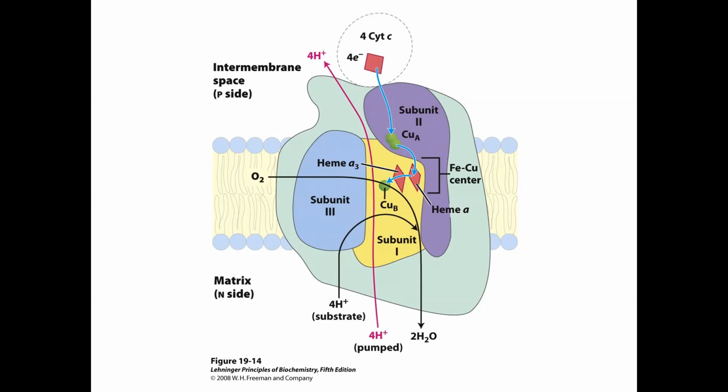So it's as though you pumped 4 protons. So it's not that you're removing 4 hydrogens to make the water and you're pumping 4 hydrogens. No. That's equivalent, the energetic equivalent, as though you pumped 4 protons because you depleted the matrix of 4 protons. Okay, thanks. Yeah, that picture is a tad confusing on that one.